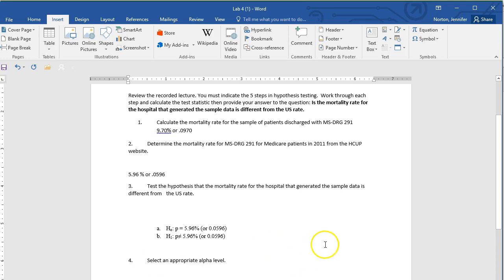So what would be your guess at this point? If our proportion or our rate is 9.70 and the national mortality rate for patients with this DRG is 5.96, that would tell me that possibly, to the eye, it looks like our mortality rate is higher than that national average.